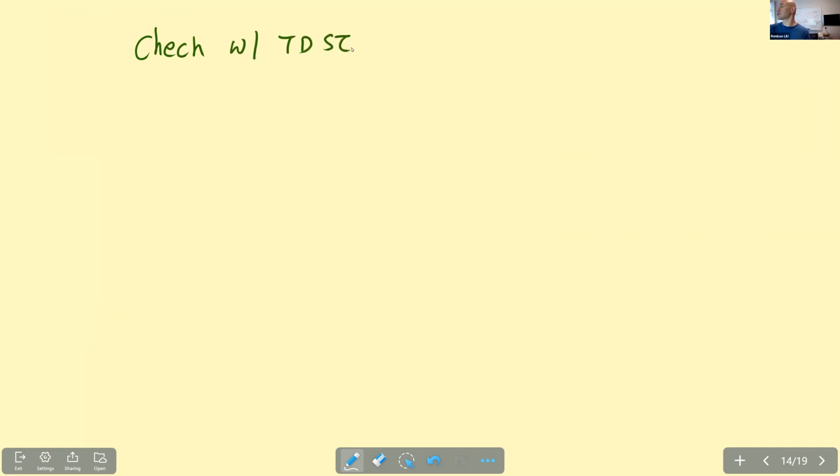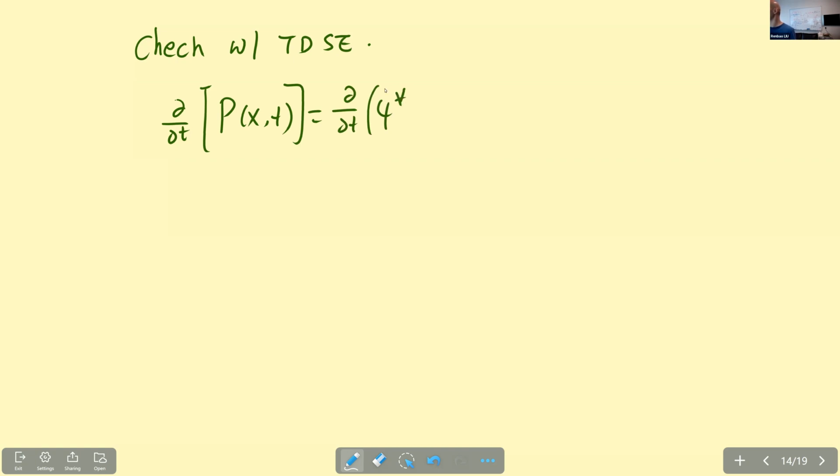The time dependent Schrodinger equation. So partial t of rho of x,t, of course, equals partial t of psi star times psi, and this one can be done by parts, plus.